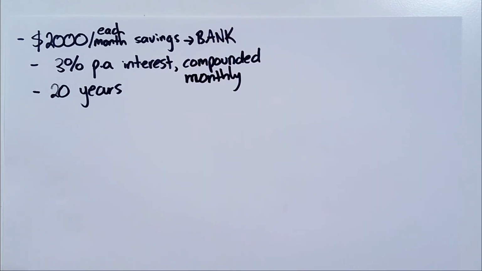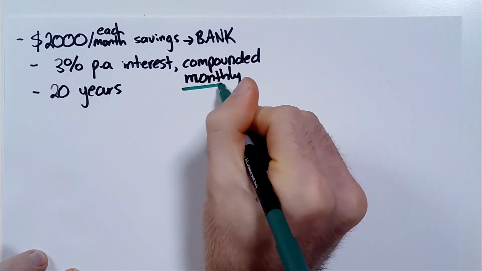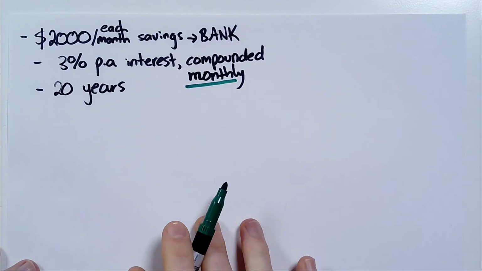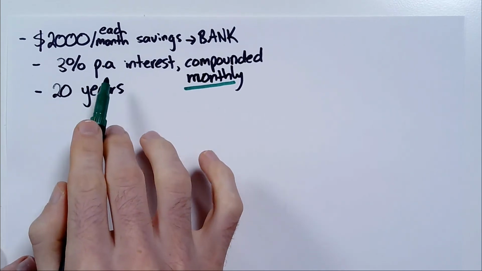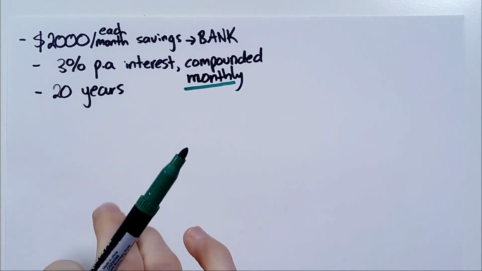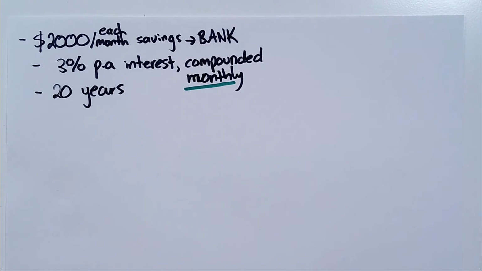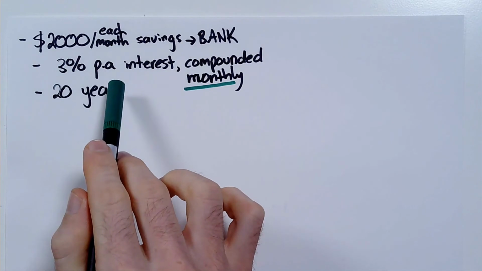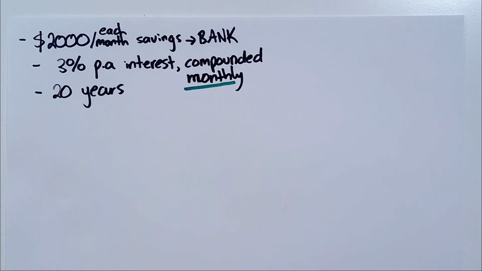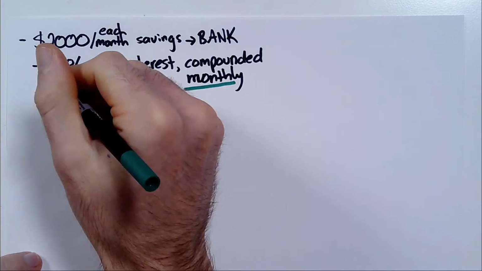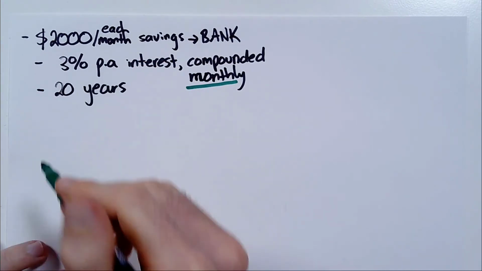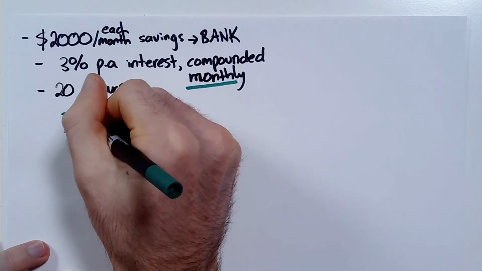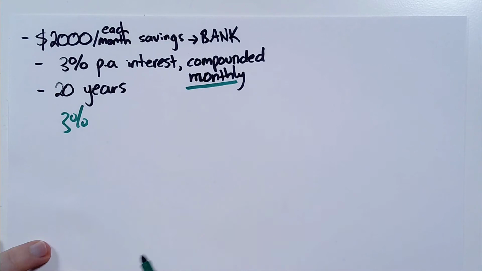And because the bank is paying you interest every month and not every year, the annual interest rate doesn't really mean as much to us because the bank's never actually going to apply the 3% rate. What they're going to do is say, look, we were going to pay you 3% per year, but because we're going to recalculate the interest every single month, we need to convert the 3% per year into a monthly interest rate.